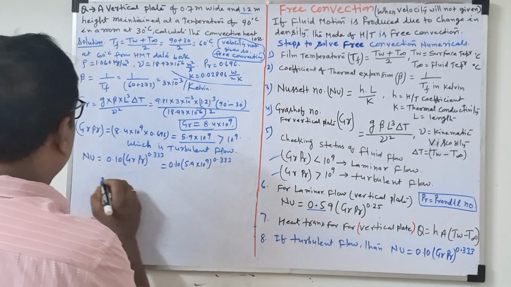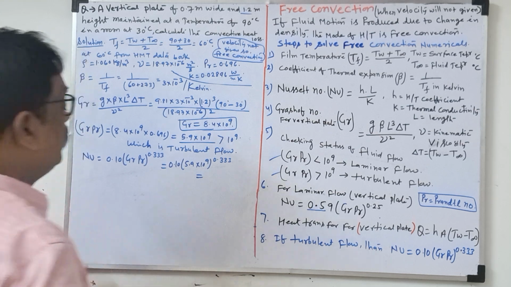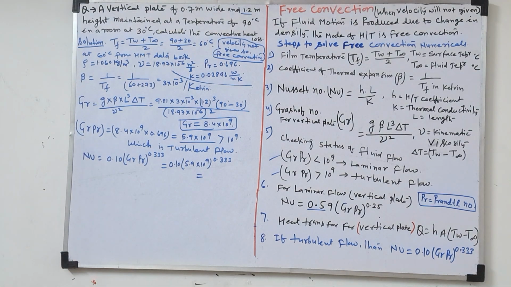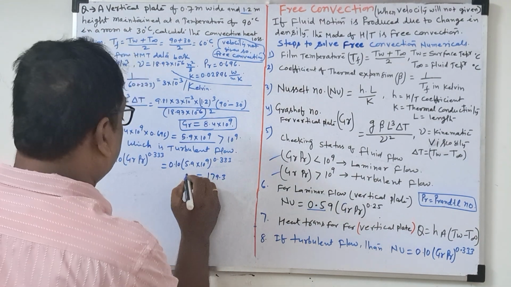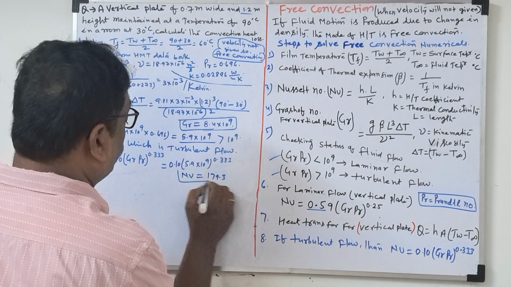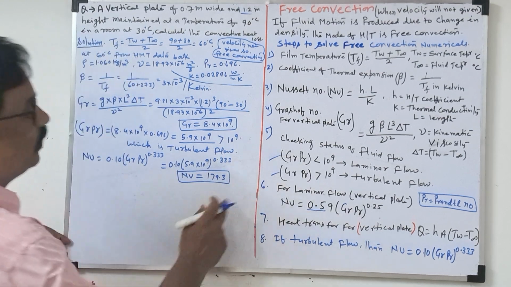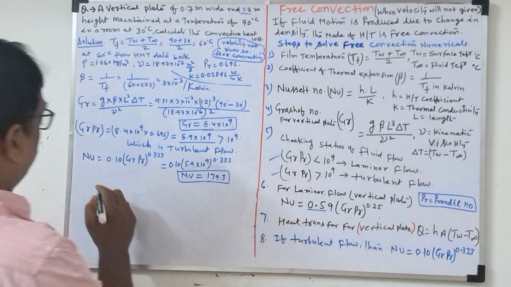So the Nusselt number value comes 179.3. This is the Nusselt number we got here. Now we know the Nusselt number is equal to hL by k.